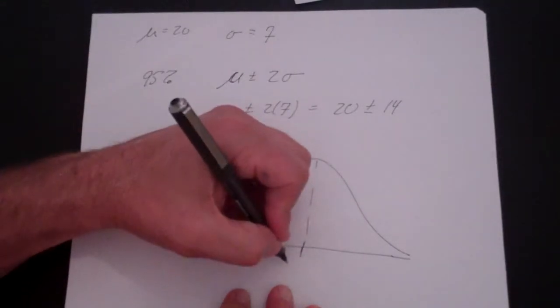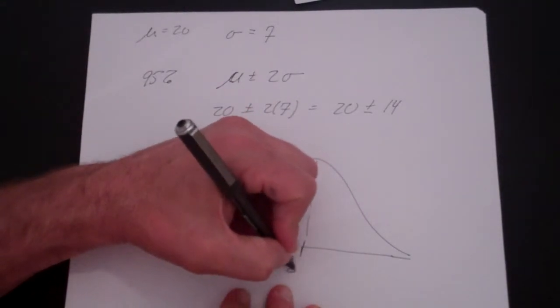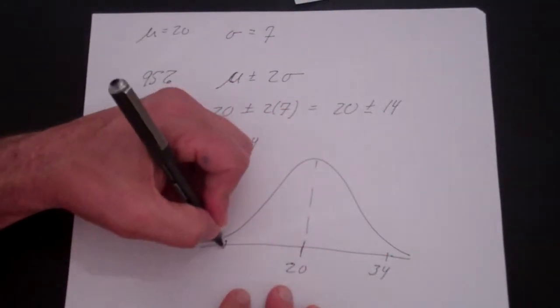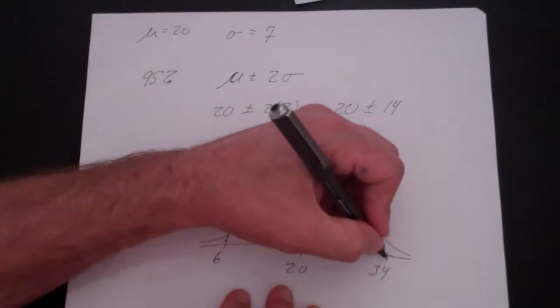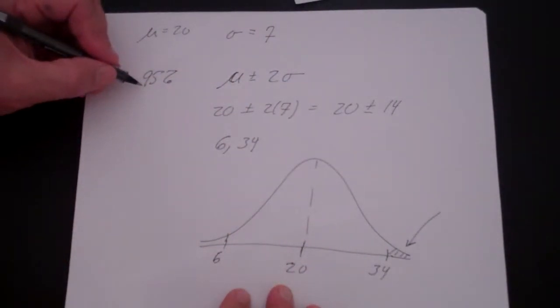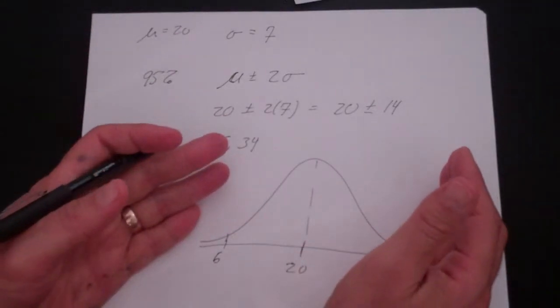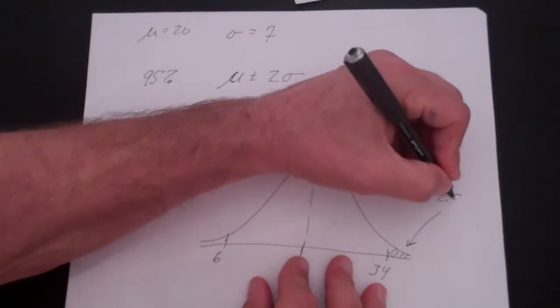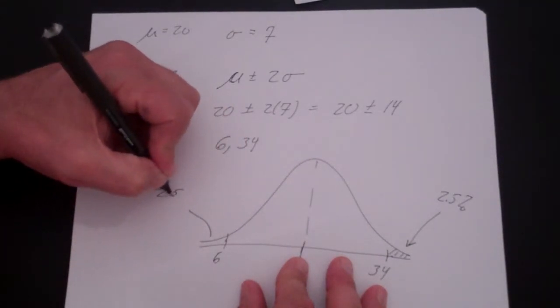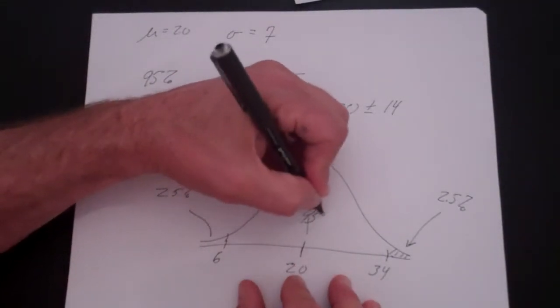So if this is 20, and this would be 34 and 6, then let's say 95% is in the middle, that means 5% are in the two tails, but there's two of them, so this would be 2.5%, and this would be 2.5%, and this would be 95%.